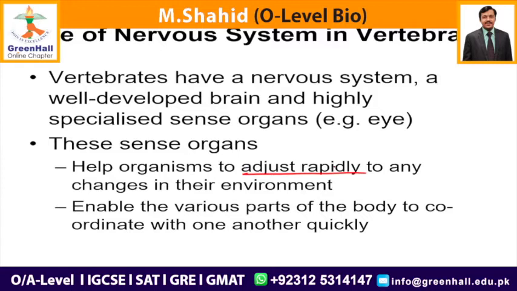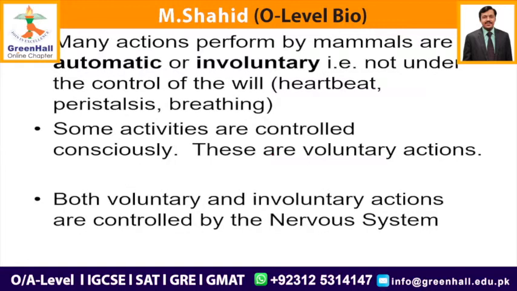For example, if you're doing an exercise, not only your muscles are working, but at the same time, you need to enhance the efficiency of your respiratory system. And moreover, adrenaline will be secreted by the endocrine glands and all that. That means that all the systems are somehow coordinating with each other. They are connected with each other, and that is achieved by the nervous system in our body.